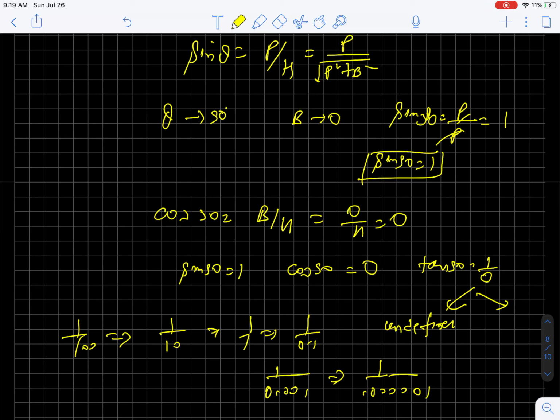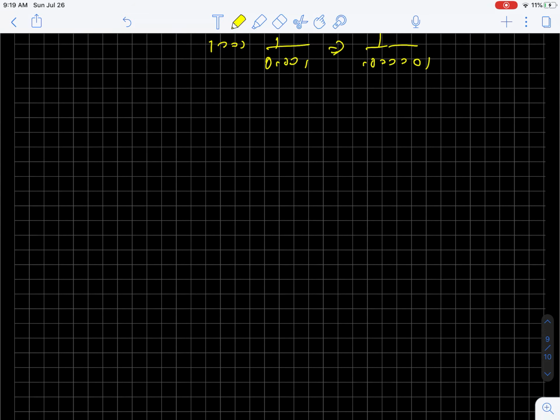If you decrease the divisor, the whole term increases: 10, 1000, and 10 to the power 5 or 10 to the power 6. As the divisor becomes 0, the number is very large, and a number too large to count is called infinite. So tan 90 is infinite.